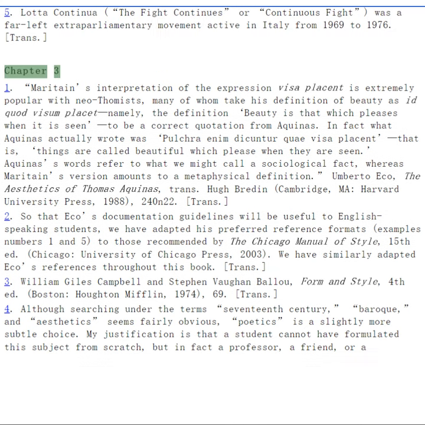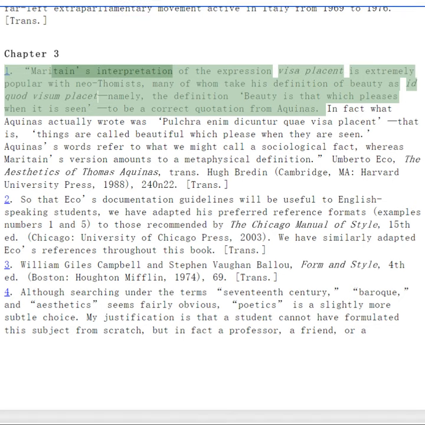Chapter 3. 1. Maritain's interpretation of the expression visa placent is extremely popular with neo-Thomists, many of whom take his definition of beauty as id quod visum placet, namely, beauty is that which pleases when it is seen, to be a correct quotation from Aquinas.